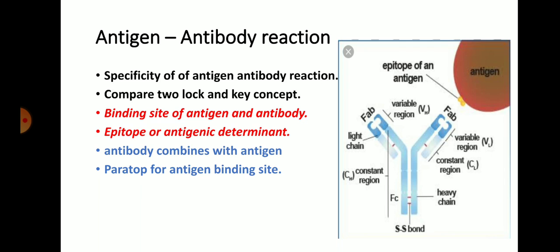The paratope has a lock and key mechanism for binding to the antigen, which is responsible for the production of the immune complex.